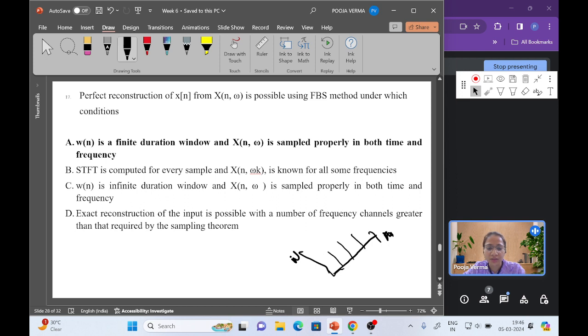Already it is given in the first try. So the correct answer is A: the window function w of n must be a finite duration window, and x of n, omega must be sampled in both time and frequency. So option A is the correct answer.